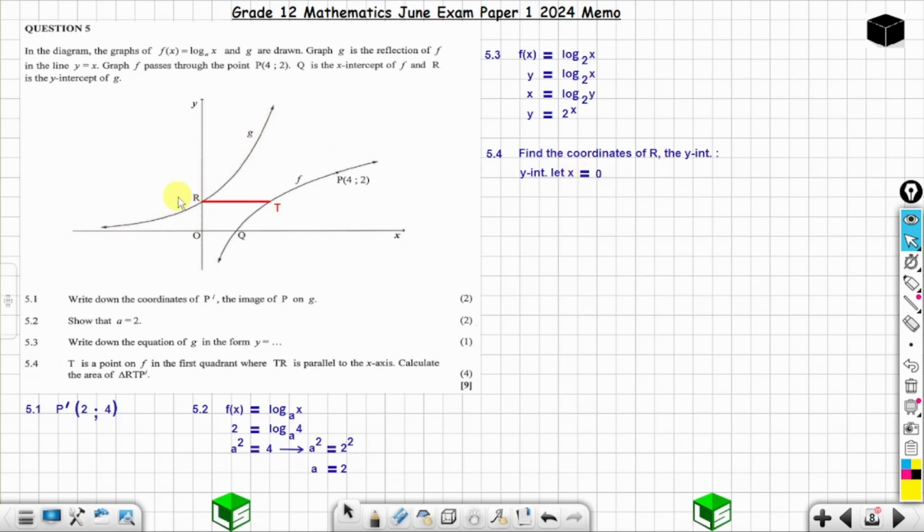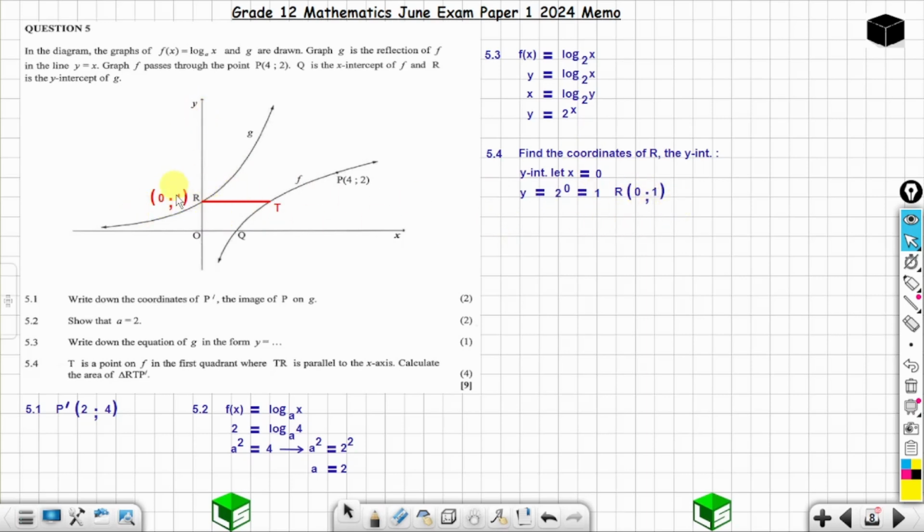We are going to use this graph because R is on this graph. So let x equal to 0 to find y. This is equal to 1. Now you have the coordinates of R.